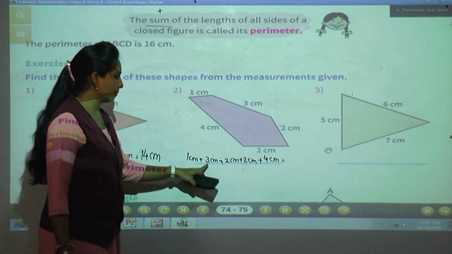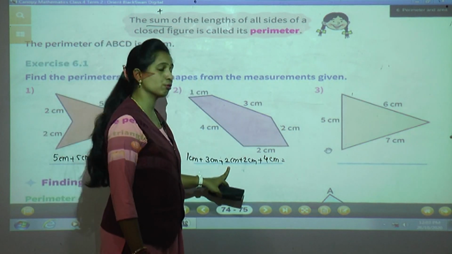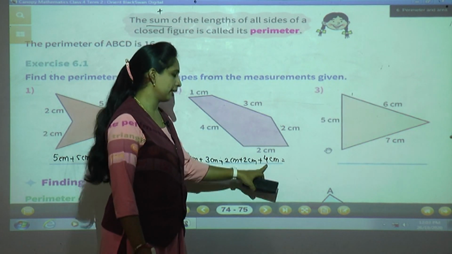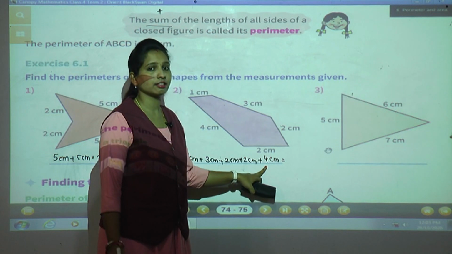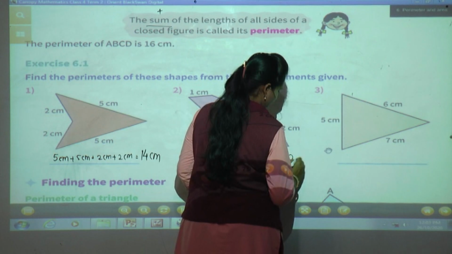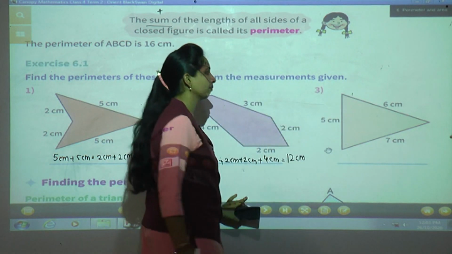Now we will add 1 plus 3, 4, 4 plus 2, 6, 6 plus 2, 8, 8 plus 4, yes, tell me, 12. So write here 12 centimeter.